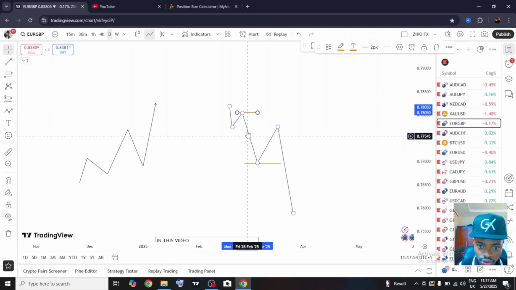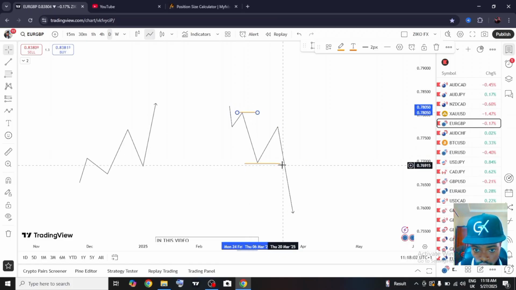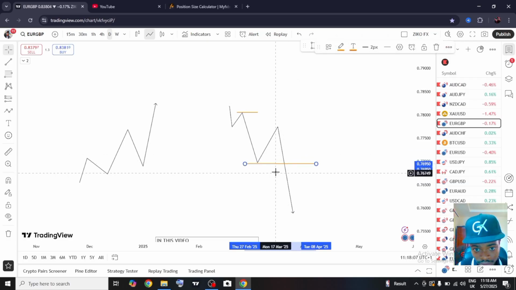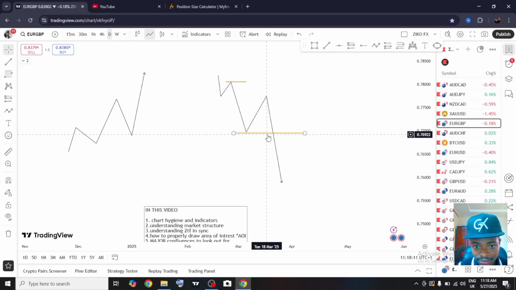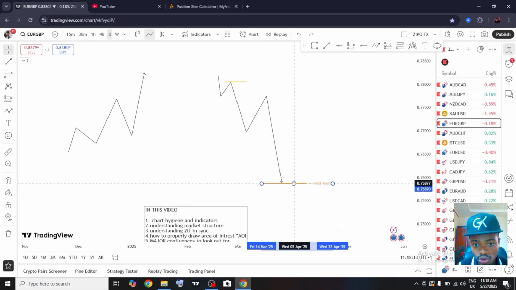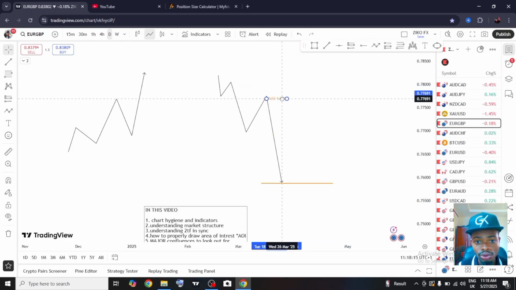Because once you trace, you see a curve, that right there is the next lower high. As soon as we close below this line again, as soon as we break below, that, ladies and gentlemen, is your new lower low, and this is now your new lower high.